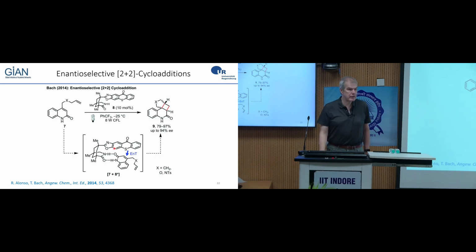And here's a very exciting system. So you see he has a photocatalyst, which is typically doing the energy transfer. But then the photocatalyst is attached to this chiral unit here. And this chiral unit is an amide, and so it can recognize other amides. You see, by complementary forming hydrogen bonds, it can recognize the substrate.